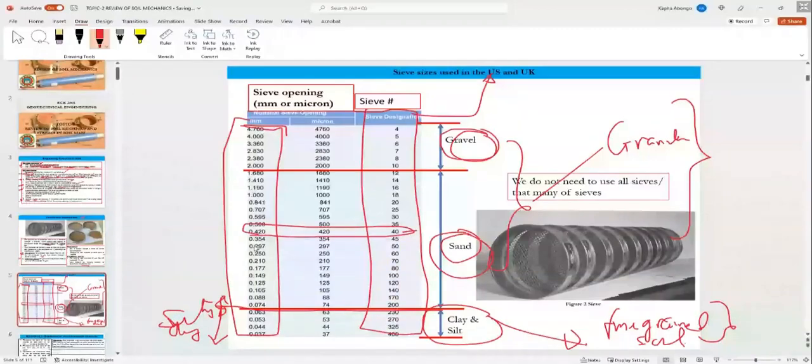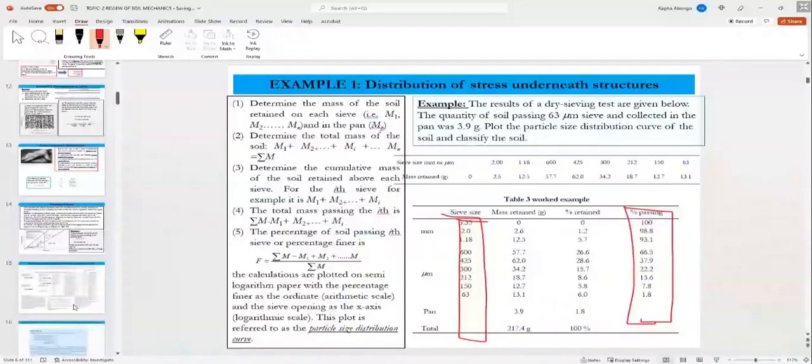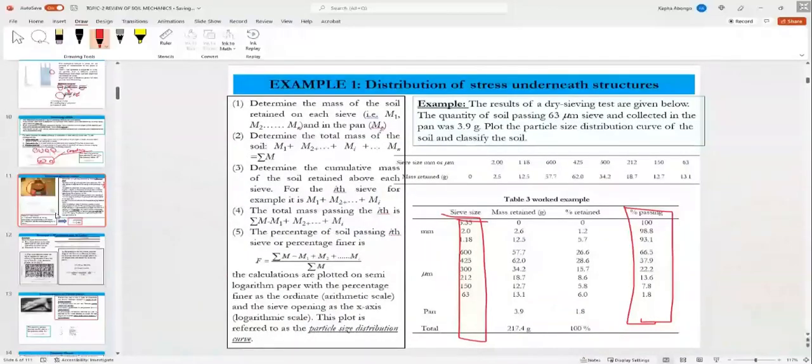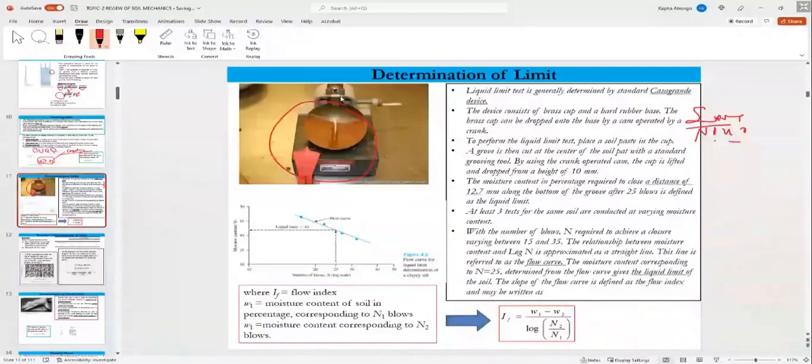So in other words, this soil contains small portions of sand and fine-grained soil. That portion is usually affected by the moisture. Sieve the soil through sieve number 40, and take the portion containing the fine-grained soil. You will prepare soil samples at different moisture contents.